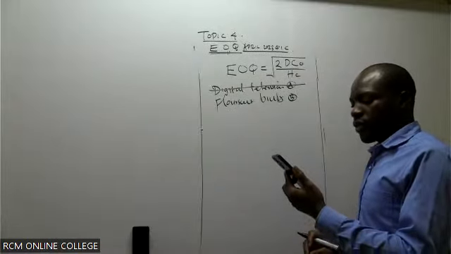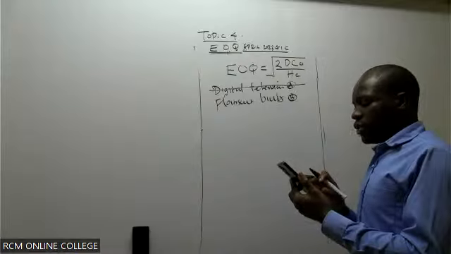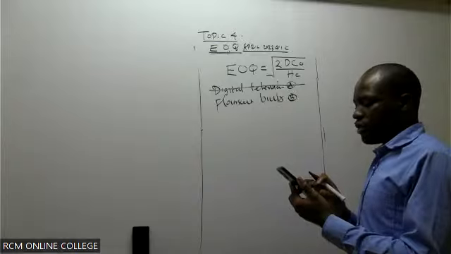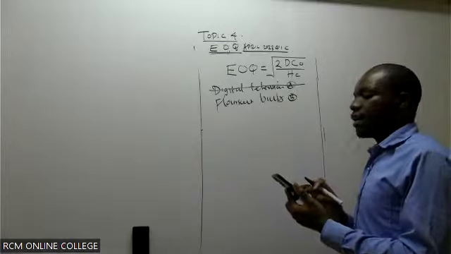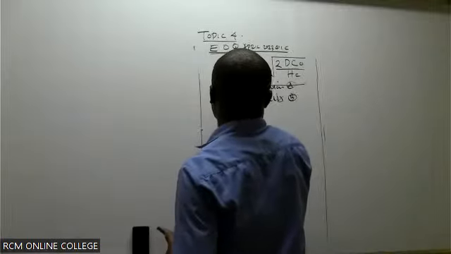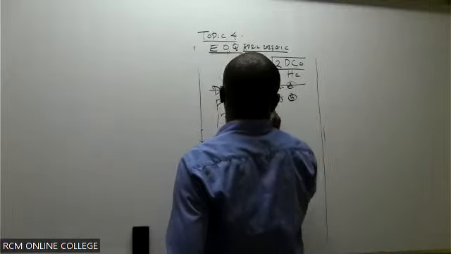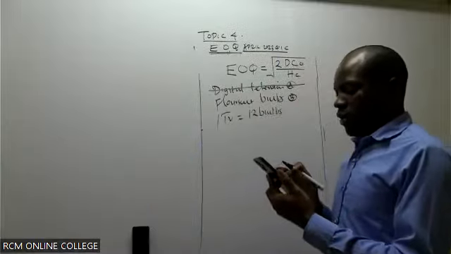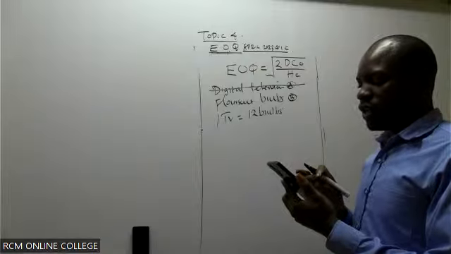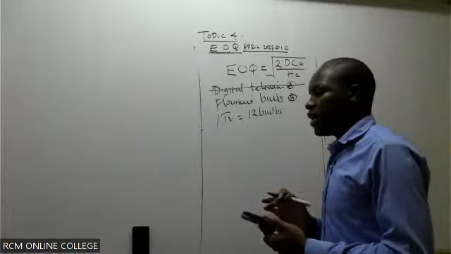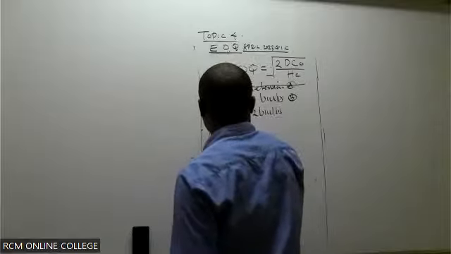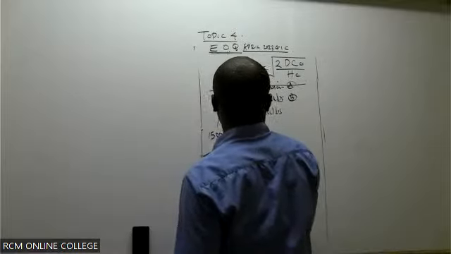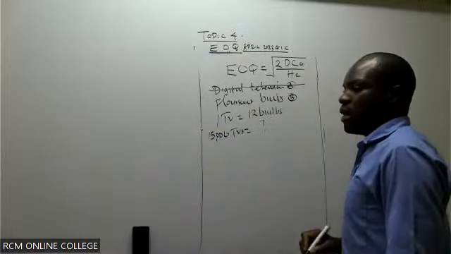So the main component in making digital television is the fluorescent bulbs. For each digital television manufactured, 12 bulbs are required. One TV is equivalent to 12 bulbs. Now, the company manufactures 15,000 digital televisions per year. 15,000 televisions will be equivalent to how many bulbs?